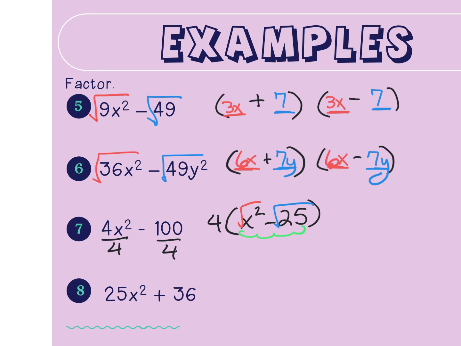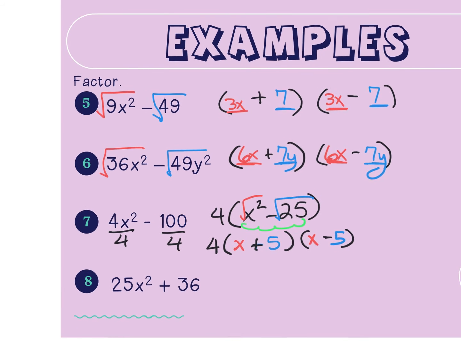Now, don't forget about that GCF. It needs to stay in front. And then this is going to give me x. This is going to give me 5. And then the same thing over here, but I'm going to switch up the signs, a plus sign and a minus sign. So x and then the 5. And that would be your final answer.